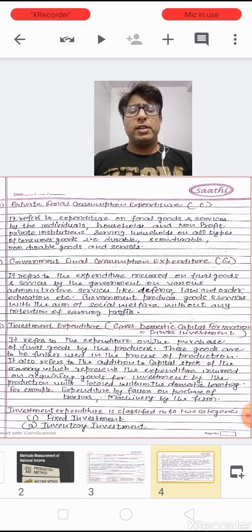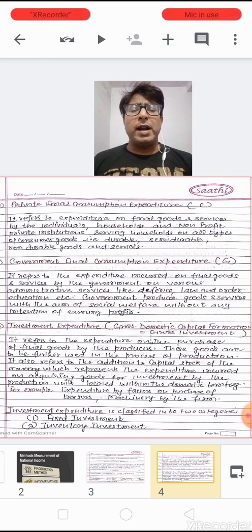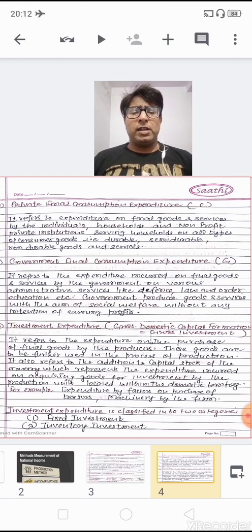So children, we have already learned the concept of investment in chapter number 2. Thereafter we learned gross investment, which is further classified into two broad categories. The first is fixed investment, which increases the capital stock of an economy.